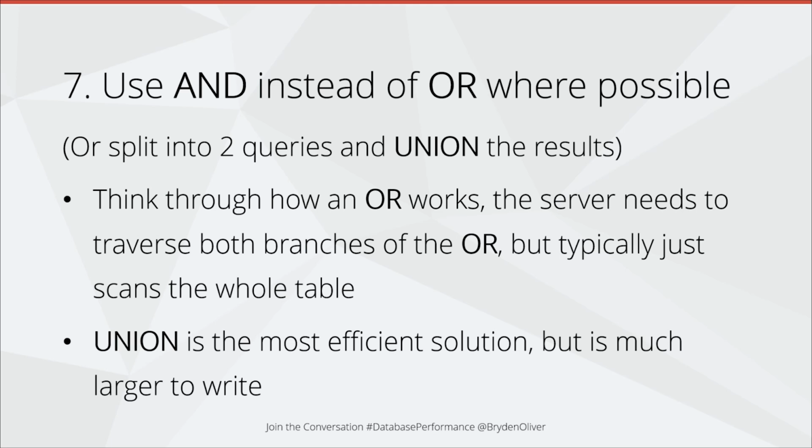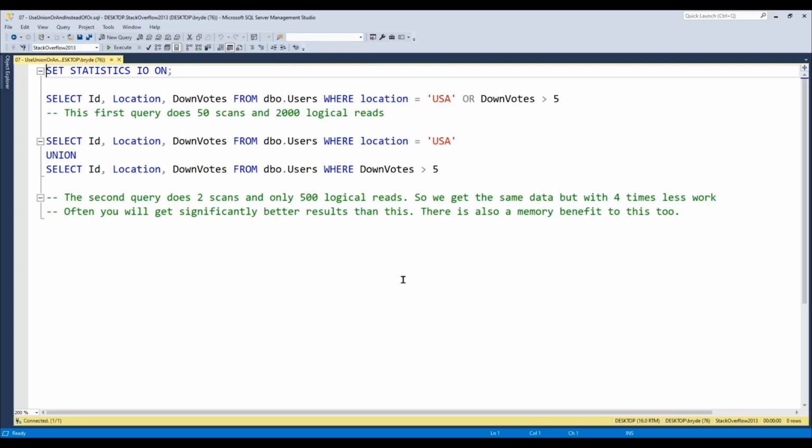Have a think about what a database has to do if you do an AND or an OR. The example I've got for this is quite good because it gives you an idea, so we'll go and look at it.